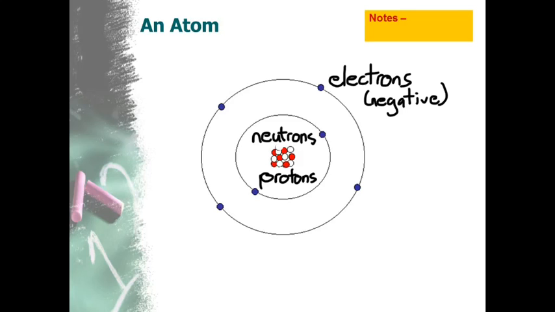A neutron has zero charge. Okay, it doesn't have a positive or a negative charge. It is neutral, and that's why we call it a neutron. And then protons have a positive charge.